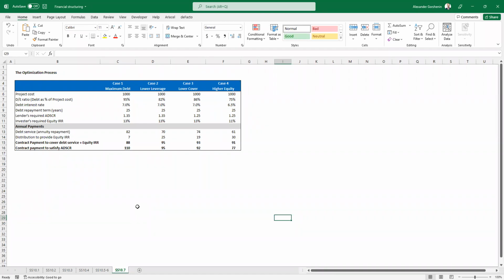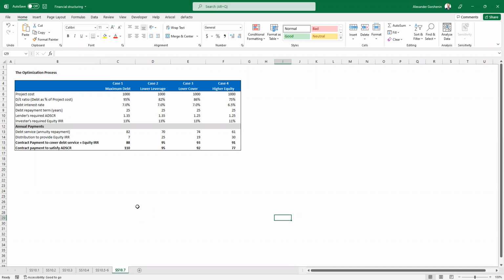The loan bears an interest rate of 7% and is repayable on an annuity basis over 25 years. Given these assumptions, the annual debt service is 82, and the annual distributions to investors would be 7. So contract payments are 88 per annum, which would be needed to pay these sums to lenders and investors.